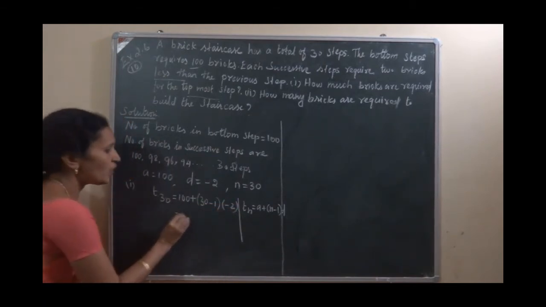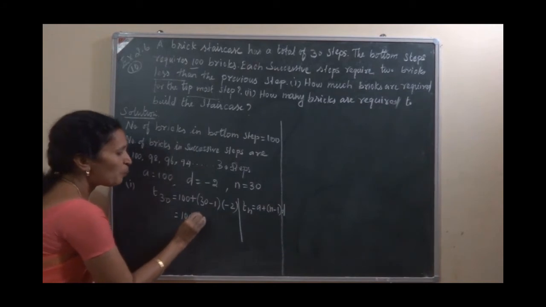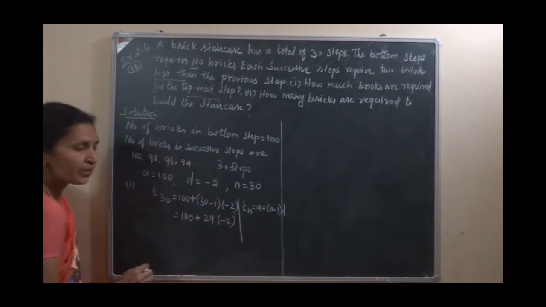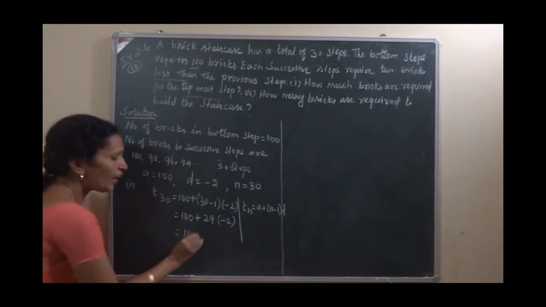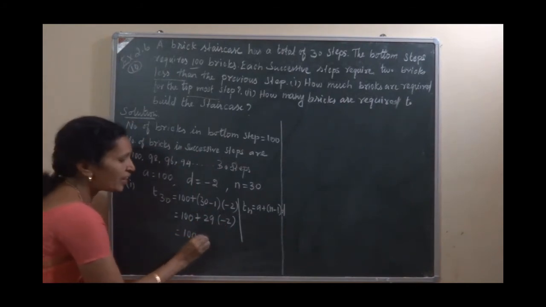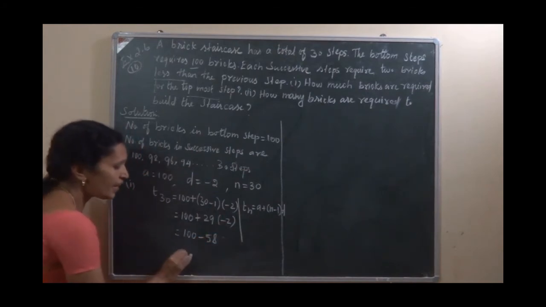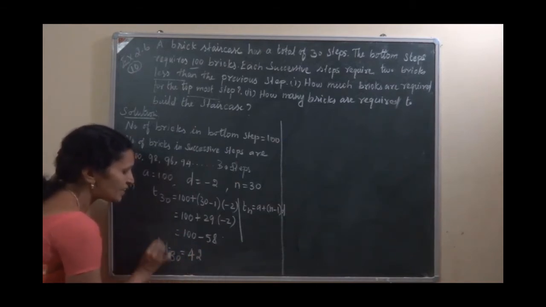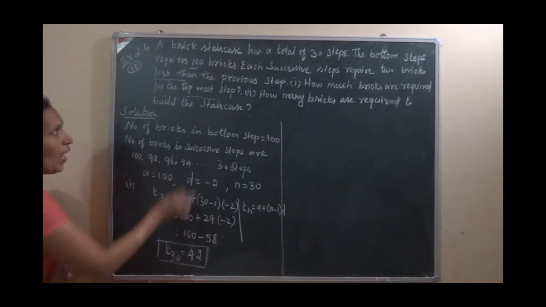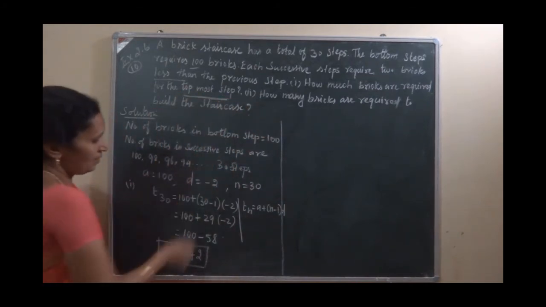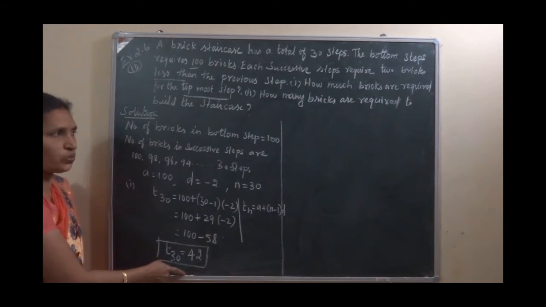This is equal to 100 plus 29 into minus 2, that is 100 minus 58, which is 42. So T30 is 42. The number of bricks for the topmost step is 42.